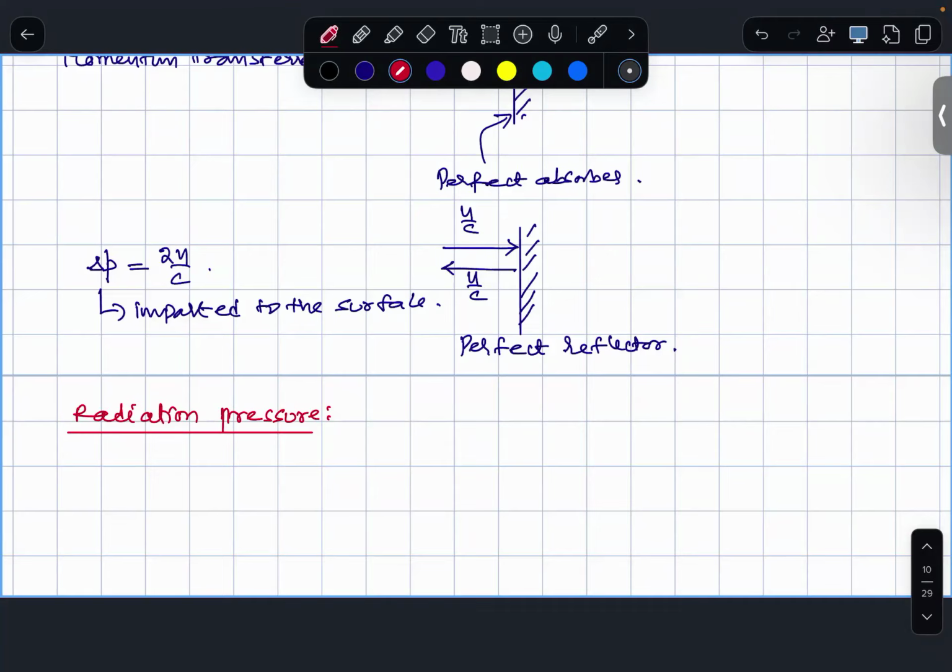When electromagnetic wave is incident on a surface which is either perfectly absorbing or perfectly reflecting, you have noticed that there is some momentum transfer. Agreed? Right. So due to this change in momentum, the surface upon which this incidence is happening will experience a force.